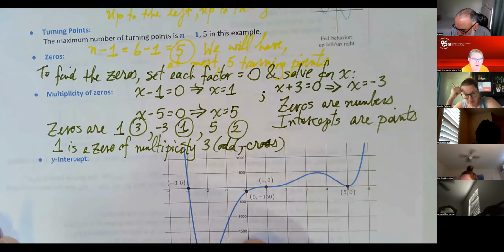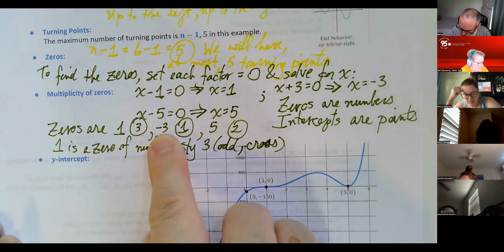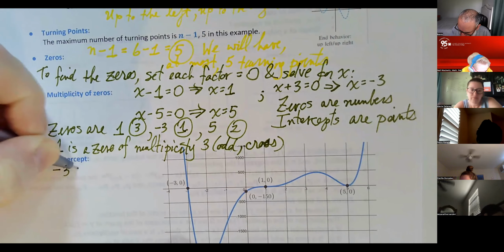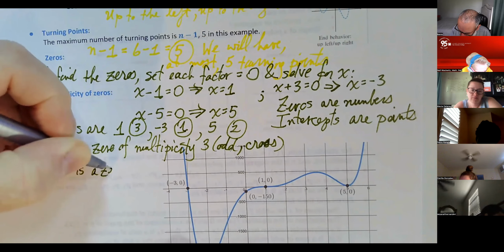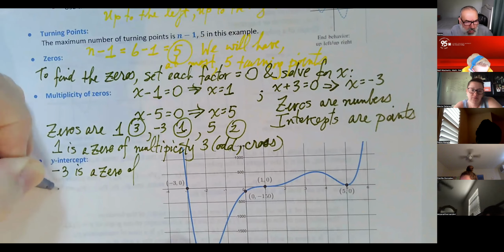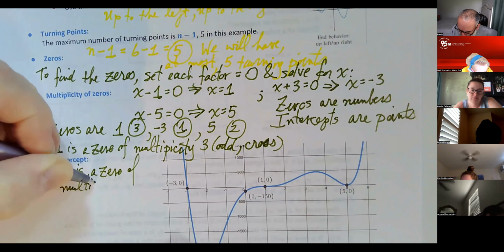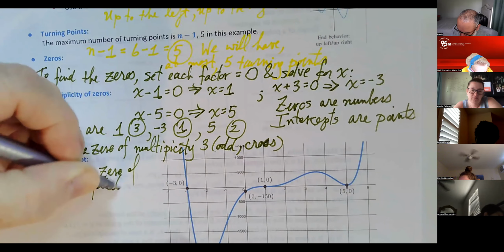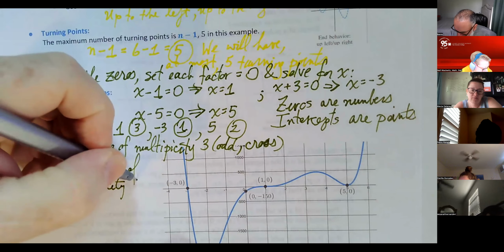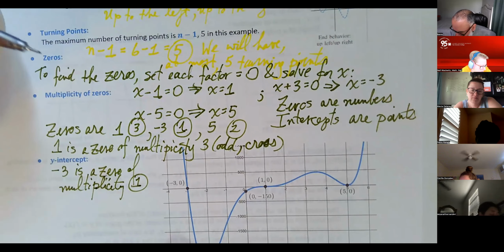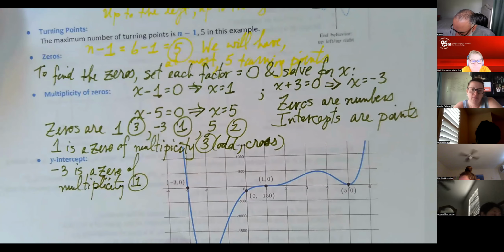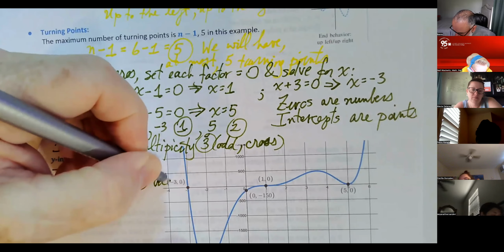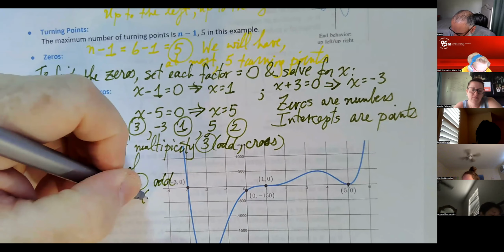What is its exponent? Oh, we just said, so -3 is a 0 of multiplicity 1. Is 1 even or odd? Odd. If it's odd, the graph will cross.